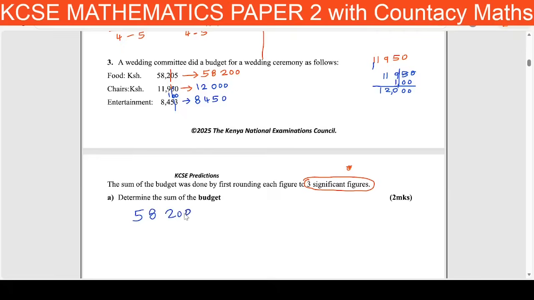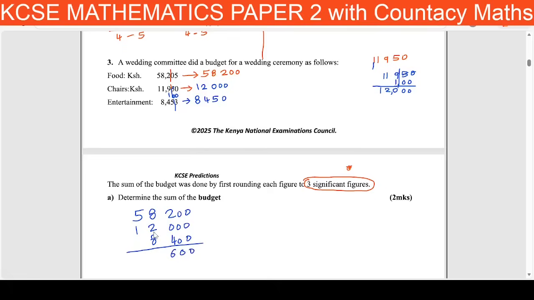58,200. We have 12,000, and we have 8,400. I believe we can work this out because this is 0, 0. We have 4 plus 2, that's 6.